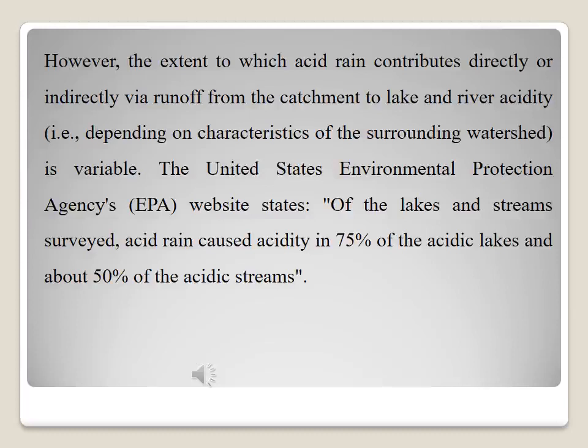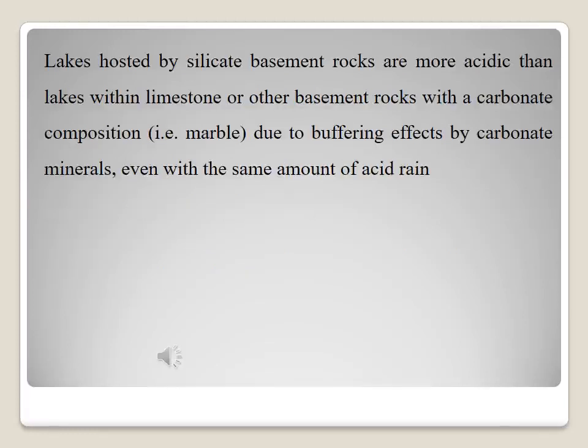The United States Environmental Protection Agency, or EPA, website states that of the lakes and streams surveyed, acid rain caused acidity in 75% of the acidic lakes and about 50% of the acidic streams.